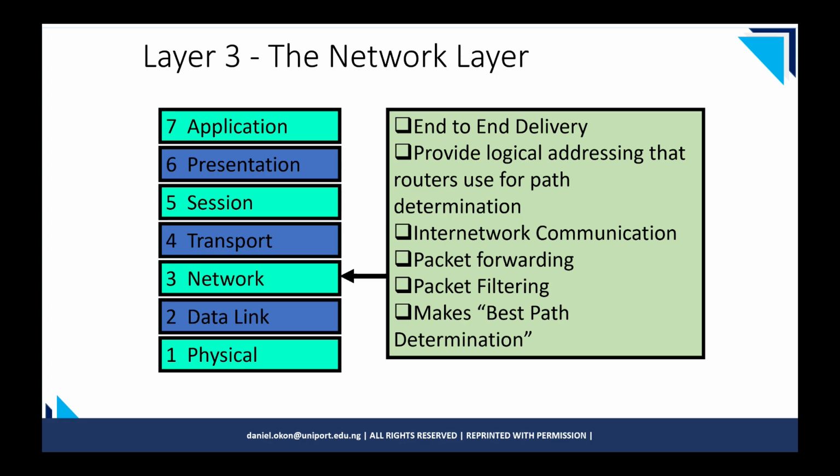And this router also makes the decision of best path determination. Let me explain that. Now, we are trying to send a message to someone in Lagos. Or let's just say I'm trying to send a message to that class. And I have 3 access points connected to this router, not just one anymore. Maybe one is here and one is here.